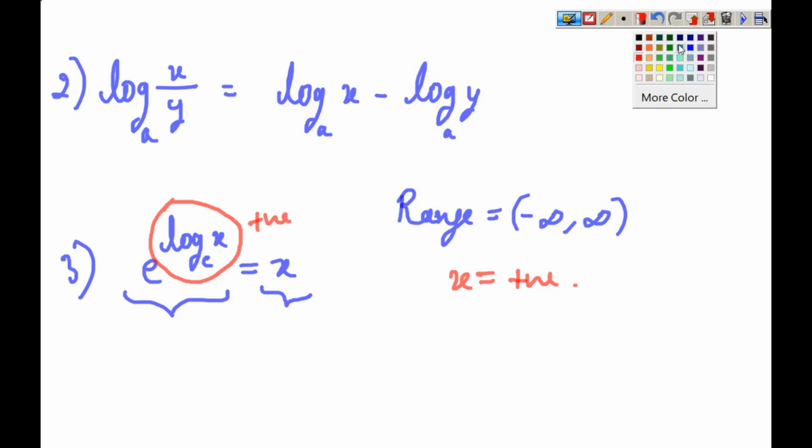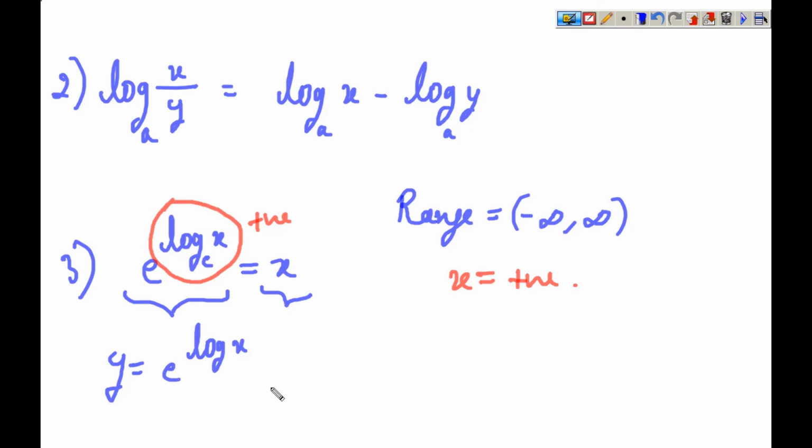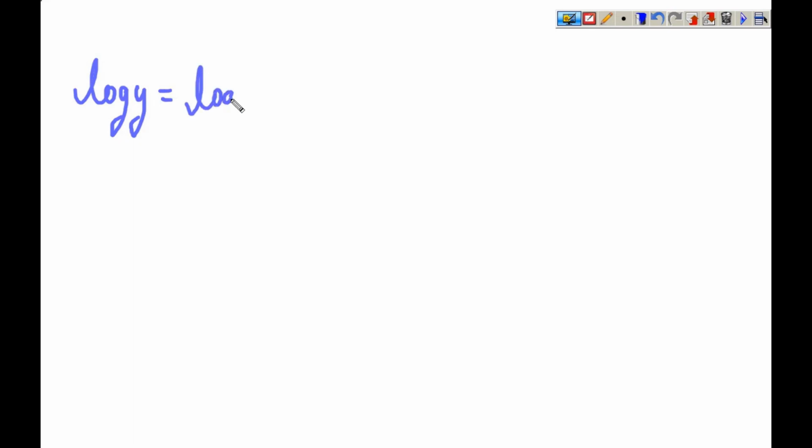Now let's say y equals e to the power log of x. Now y is greater than 0, so y automatically will be positive. If I apply log both sides, I get log of y equals log of e to the power log x.